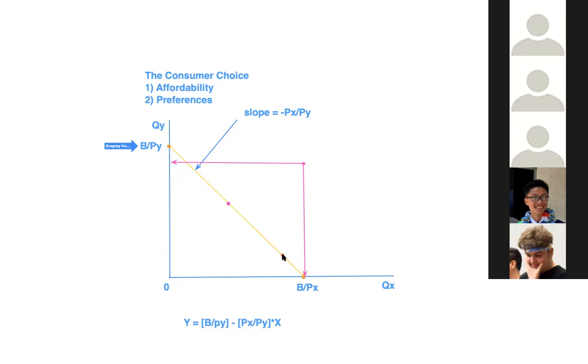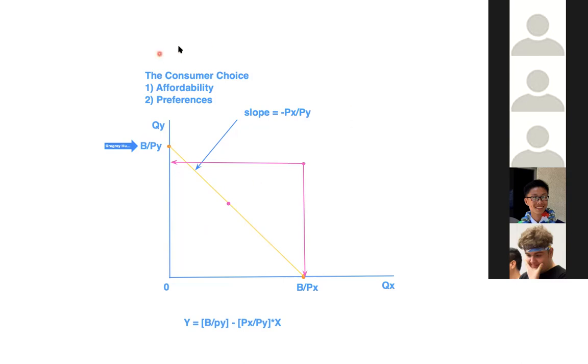Do you follow me, Ricardo? And if they choose to consume a bundle that's inside the budget constraint, it's affordable, but the consumer would have additional money left over in their budget that they could spend to buy more of those goods. Does that make sense?